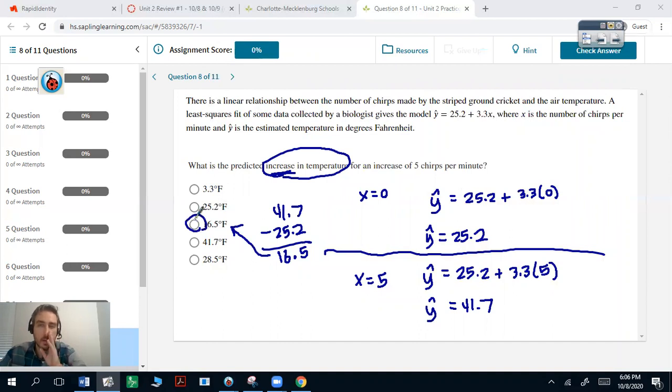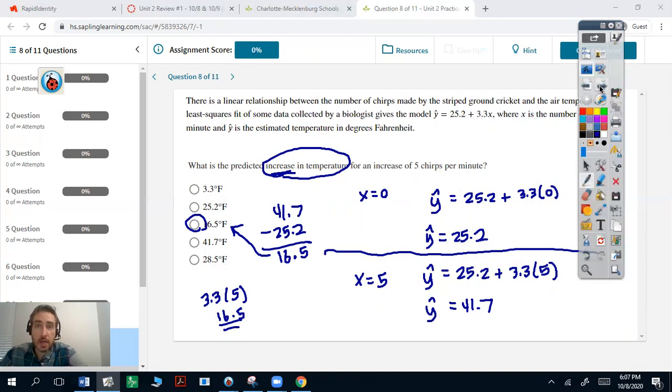Now there's an easier way to do that. All right, ignore the y-intercept, okay? If you just plug in 5 here, and you can test that out, 3.3 times 5, that's just giving you the increase because you don't have your starting value. So if you're increasing by 5, that's going to be 16.5. But I wanted you to conceptually see what's happening if I subtracted those. So either way, that's going to get you the right answer. All right, number 9.